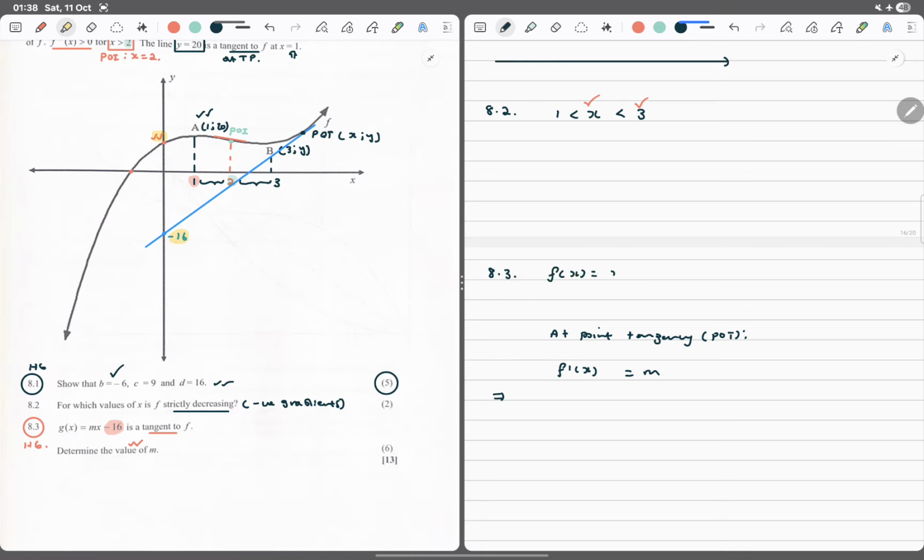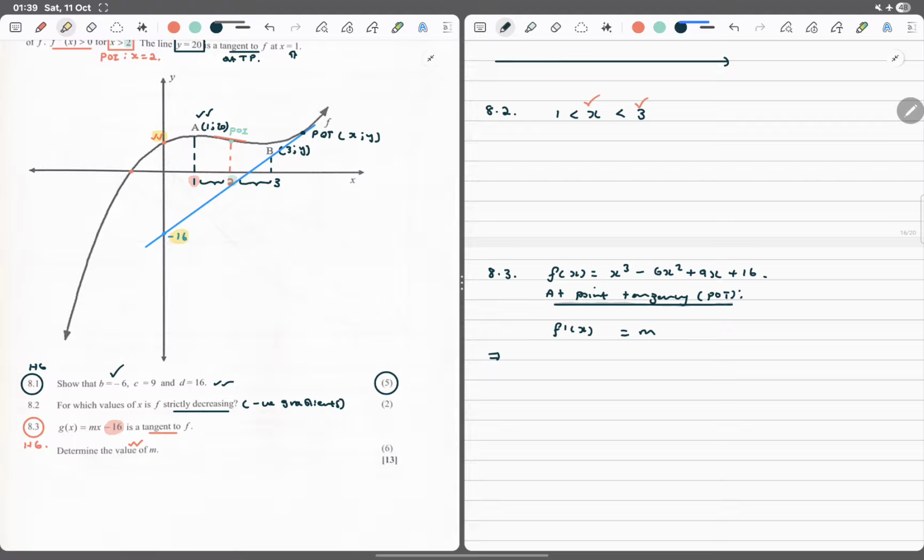We know that f(x) is x cubed minus 6x squared plus 9x plus 16. That's what we need. So at the point of tangency, the first derivative is going to be equal to m. So this is 3x squared minus 12x plus 9 equals m.